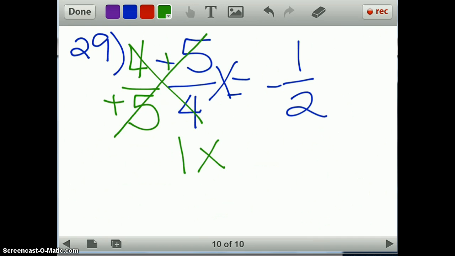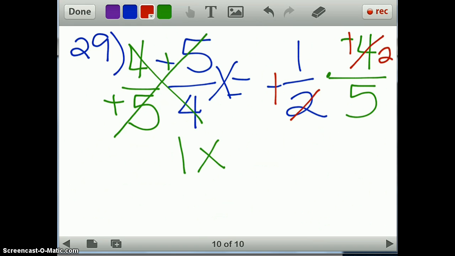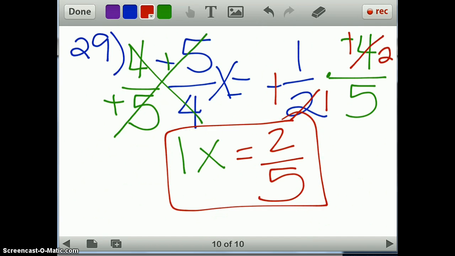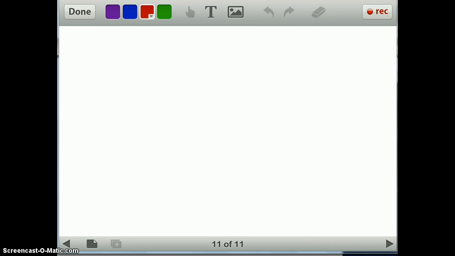Because a negative times a negative makes a positive. So over here, I write times negative 4/5, and people say, well, yeah, but the negative. Doesn't matter where it is. What I know is I've got a negative times a negative, it's going to give me a positive. Then I get 4 over 10, or I could just simplify that right away. 2 over 1, so I get 2/5. There it is. Let's try another one.